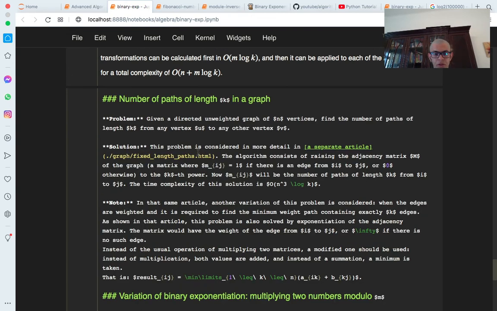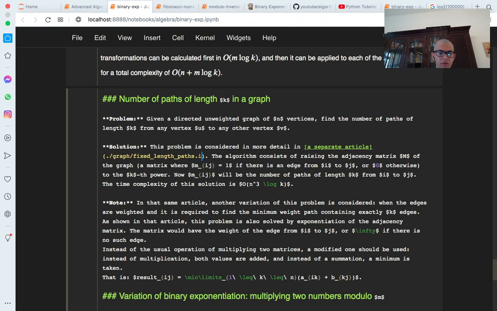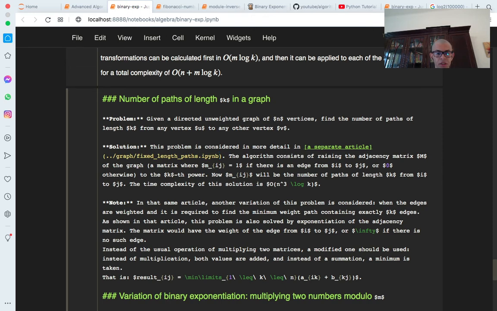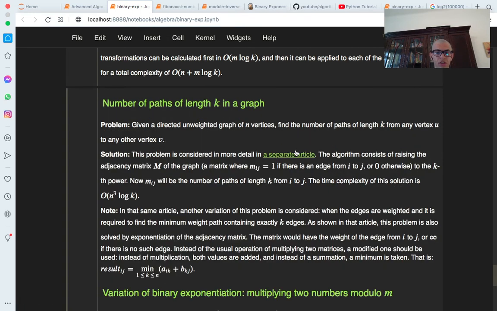We can check this article, where the problem is covered in more detail. The algorithm consists of raising the adjacency matrix M of the graph, where m_ij equals 1 if there is an edge from i to j, or 0 otherwise. So this is how we represent graphs, with this adjacency matrix.